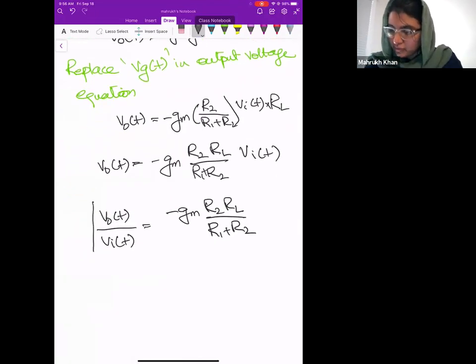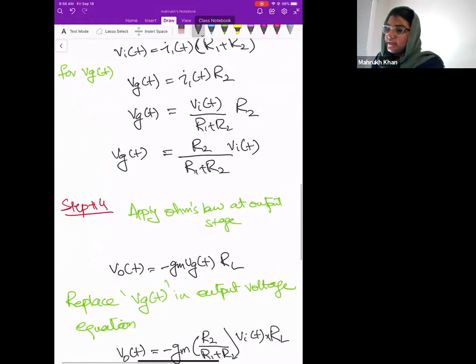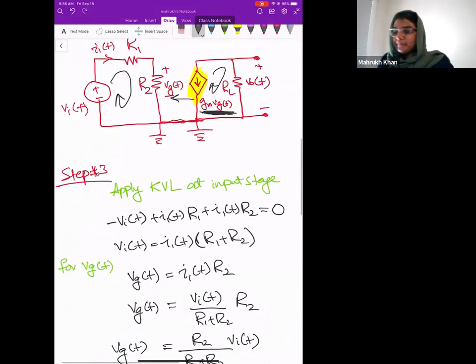So this is your output over input equation of the equivalent circuit of the amplifier. It is dependent not only on load resistance, but also on the resistances of the input stage.